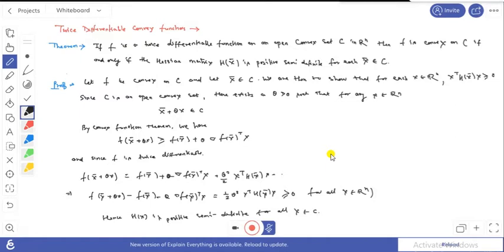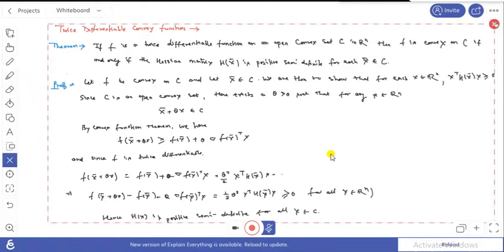Okay, so now if we take that your Hessian matrix is positive semi-definite for each point in C, then you have to prove that your function f is convex. Okay, so now in the next page we take the converse part.